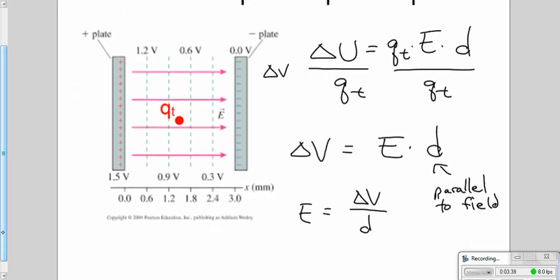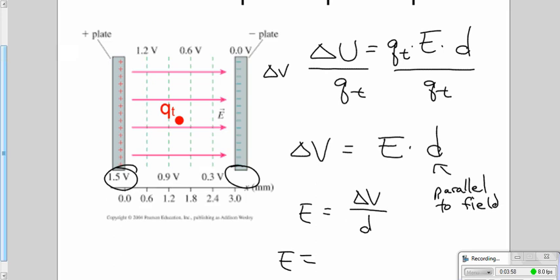So let's look at a couple places here. Actually, probably the easiest is the two plates themselves. We can see that they're different by 1.5 volts, and they are separated by 3 millimeters. So we get a measure of the electric field just by dividing those.